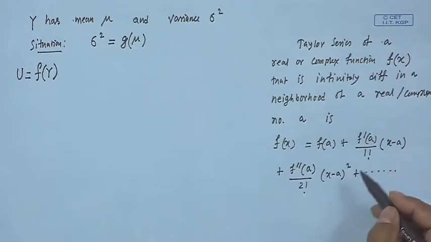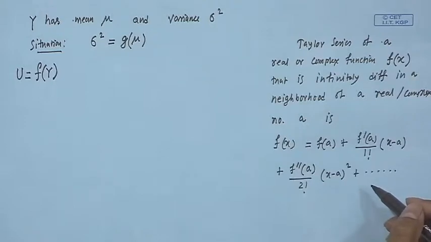So, this Taylor series is a polynomial approximation of the function f at a neighborhood of a point A.